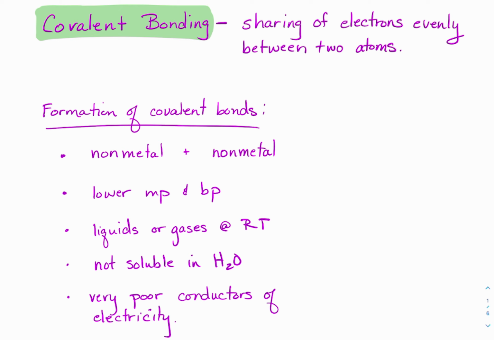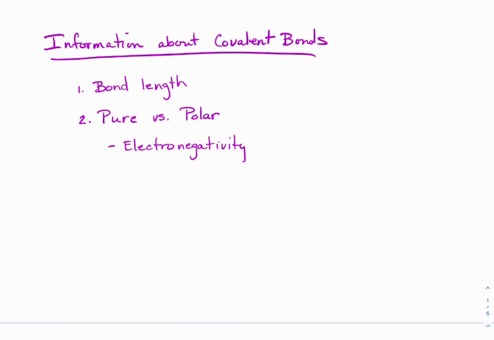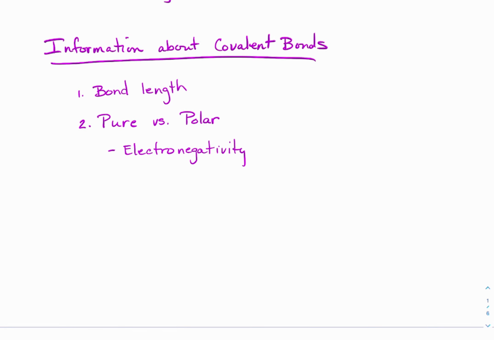And because they are covalent bonds, they tend to not be soluble in water and therefore tend to be very poor conductors of electricity. When we're looking at substances that form covalent bonds, there are two really important things that we need to address.